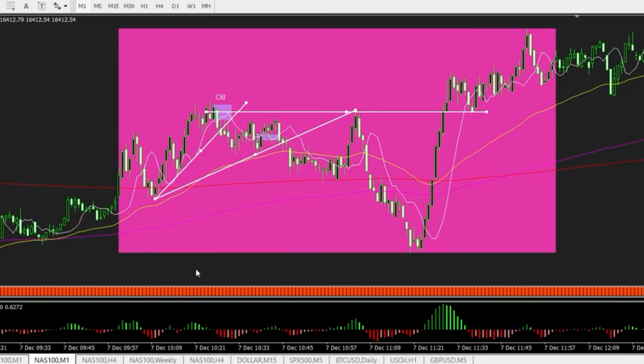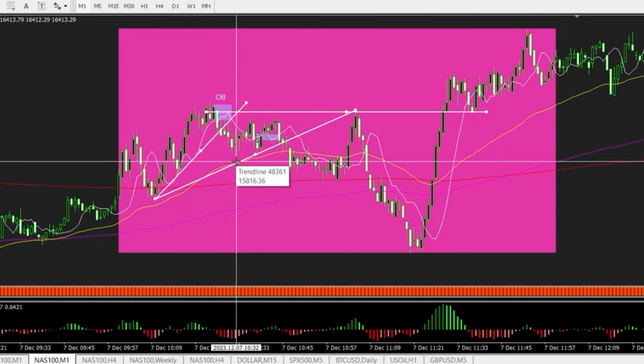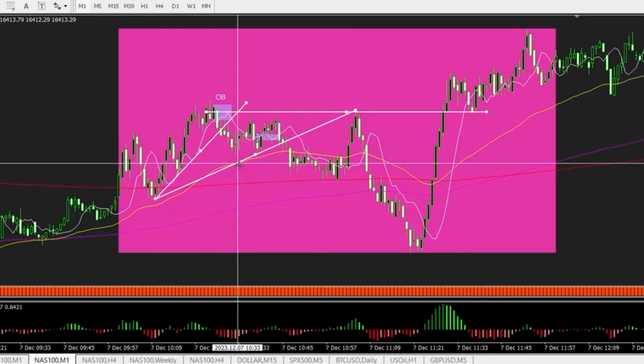Now in this London session, we have a trend line formed here and an order block here. Price moved down. You can see where price crossed this order block off of this trend line. And if we take our tool and look at where it crossed, it was right here on this up move candle.